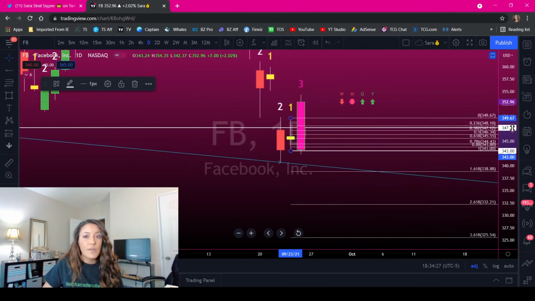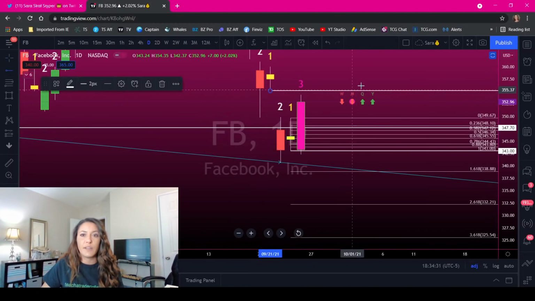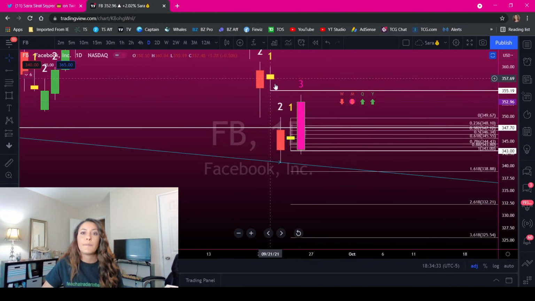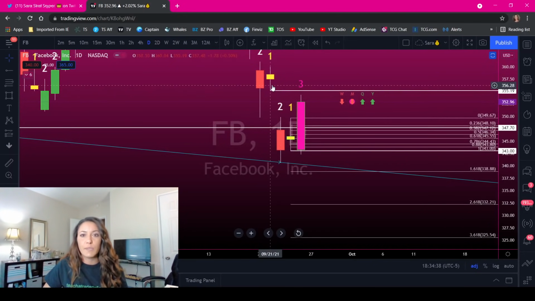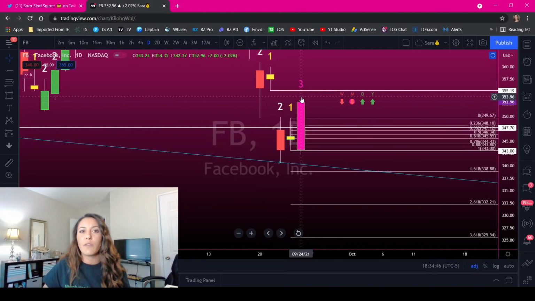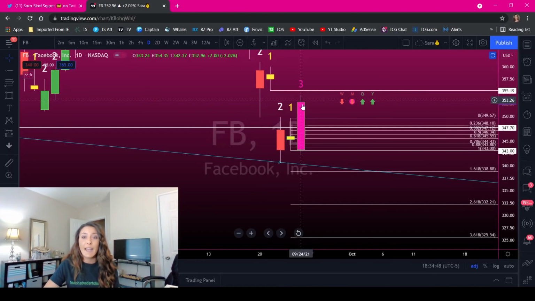Could have bought some of those. And then you could have bought the gap fill target, which was 355 calls, which is what I was playing, which were so much more out of the money that the percent gain was bigger. And we hit, so my target was 355.19. We hit a high of 354.35. Not bad. 346 to 354, I'll take it.